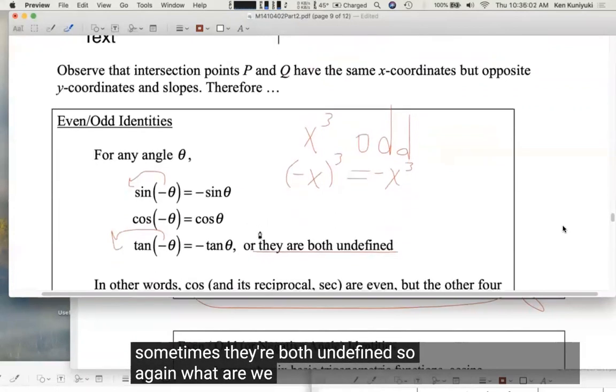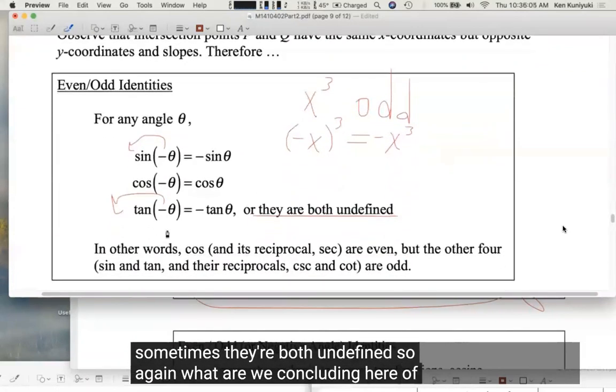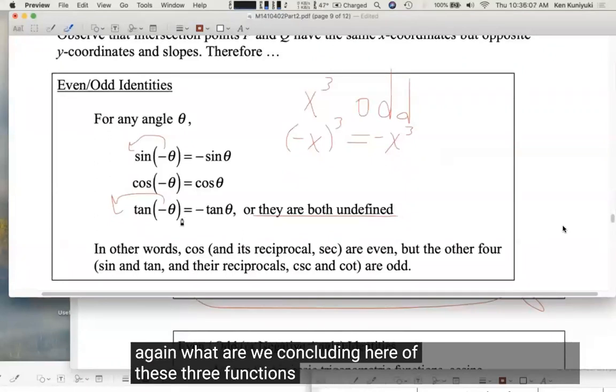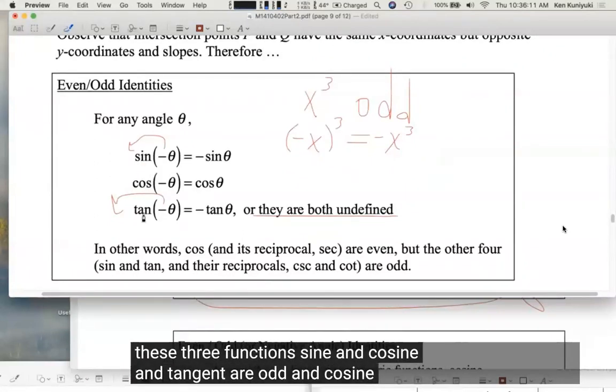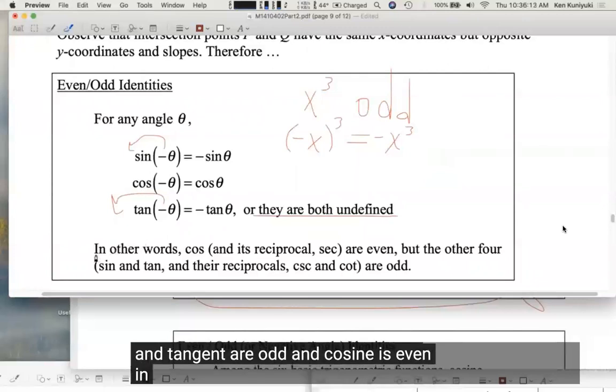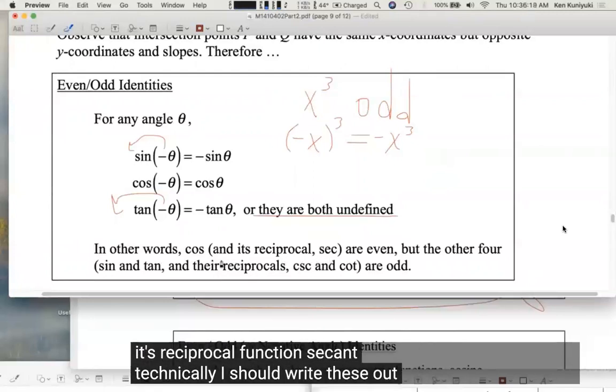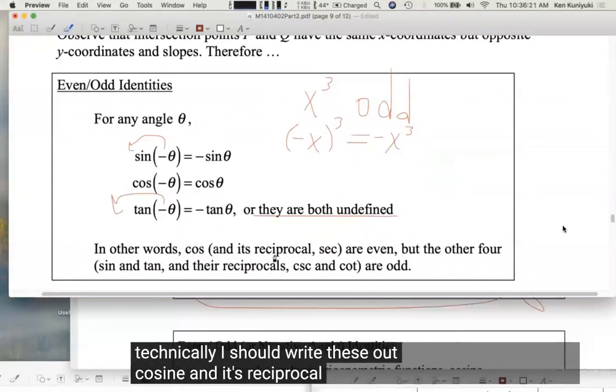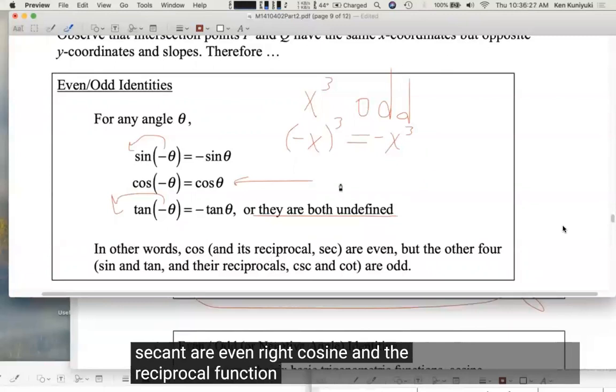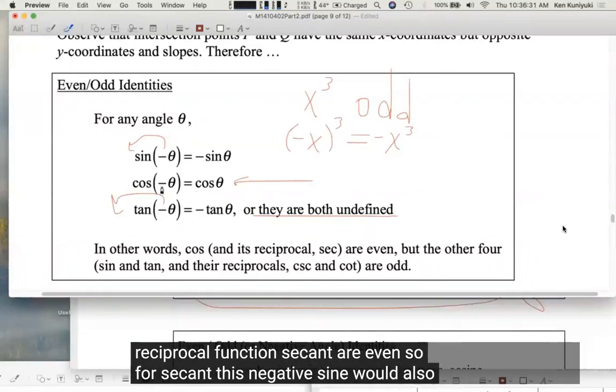So again, what are we concluding here? Of these three functions, sine and tangent are odd, and cosine is even. In other words, cosine and its reciprocal function, secant, are even. So for secant, this negative sign would also die.